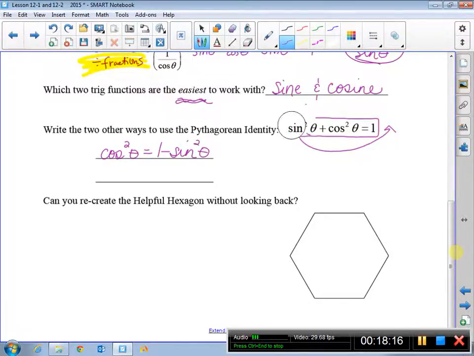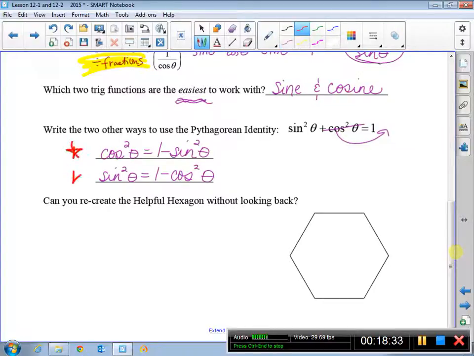And we could also say, let's subtract over cosine squared theta. And in that case, sine squared theta equals 1 minus cosine squared theta. These come up at interesting times. It's good to notice when things are squared, and then hopefully you'll think about the Pythagorean identities and use them appropriately, of course.